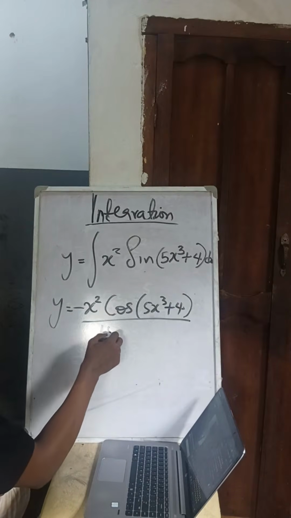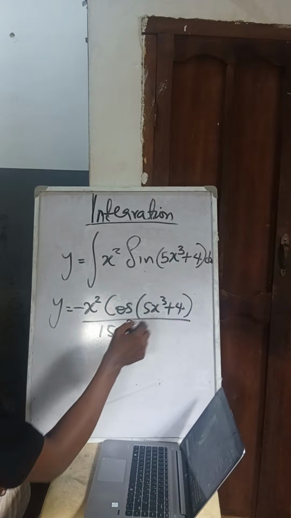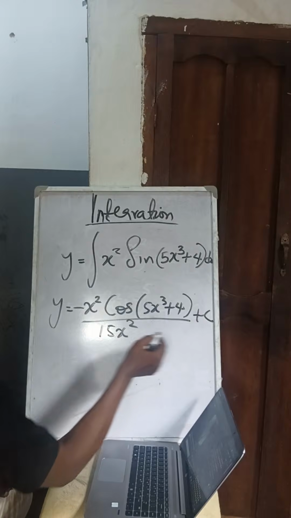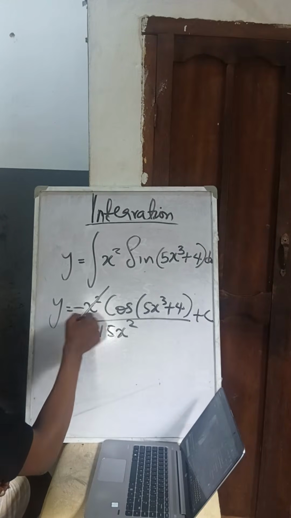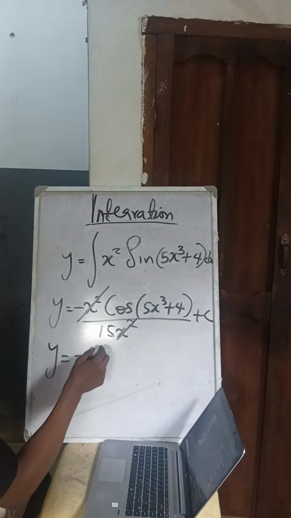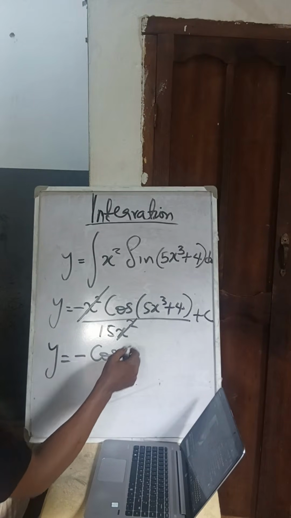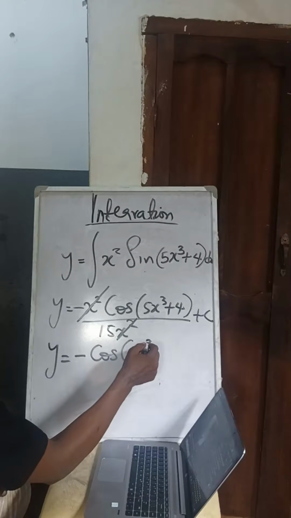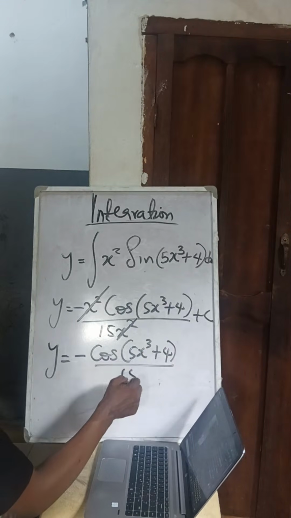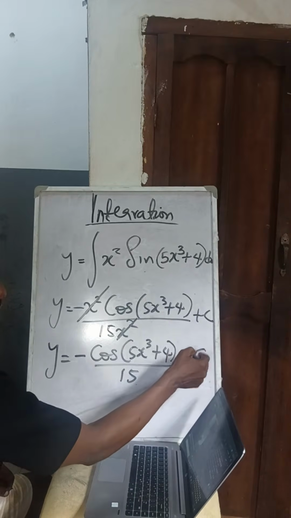So you have 15x squared. Differentiate 4, you get 0 plus c. So what should we do? This, we cancel out this. y will be minus cos of 5x cubed plus 4 over 15 plus c.